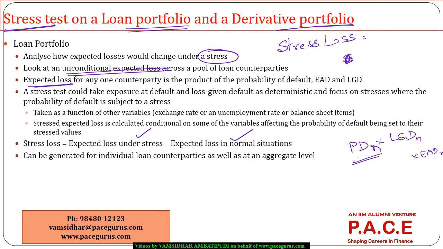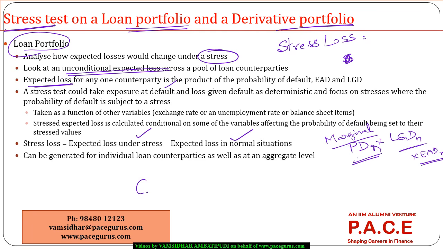Now this probability of default actually is the marginal probability of default during that particular period, multiplied by the loss given default multiplied by the exposure at default. Now, on a loan portfolio, the exposure at default will not change quite drastically.